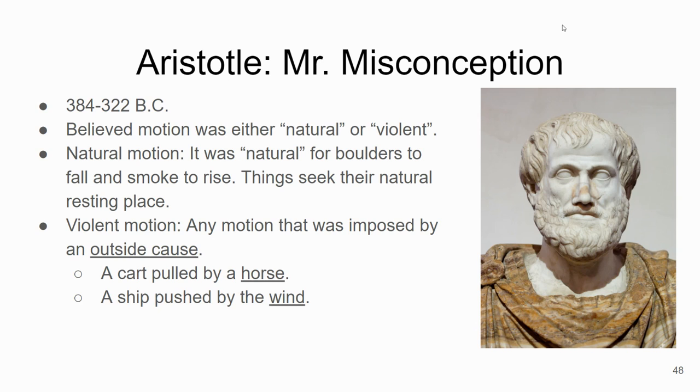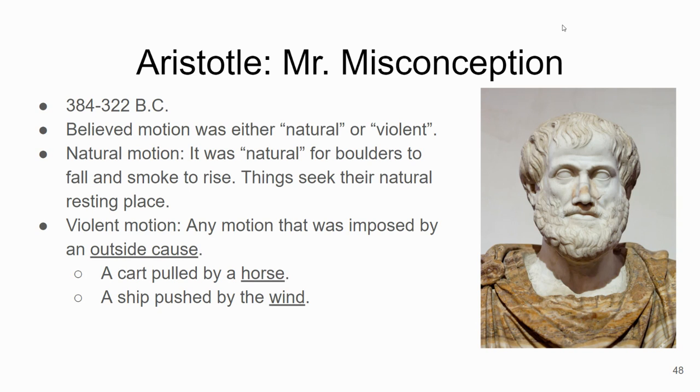So that is incorrect. Then we get to violent motion, which violent is a poor translation of what he meant here, but that's the one we always go with. It's any motion that is imposed by an outside cause. So imposed motion would be a much better name, but we always call it violent motion when we're talking about Aristotle. For example, according to Aristotle, a cart is heavy, and by its nature, it just wants to sit there.